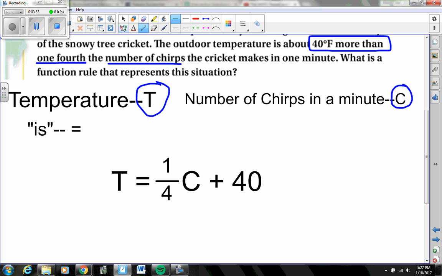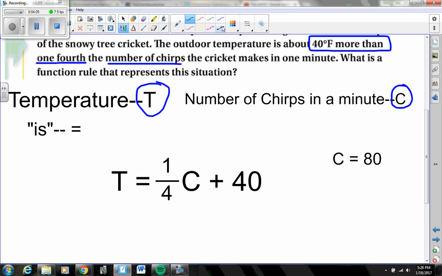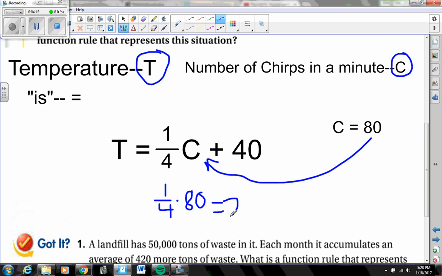And then obviously I could ask you, if the number of chirps that I count is 80 in 1 minute, what do I think the temperature is about? Well, I could do that pretty easily by taking 80 and putting it in for C. 1/4 times 80 is 20. 20 plus 40 more than that means my temperature would be 60.